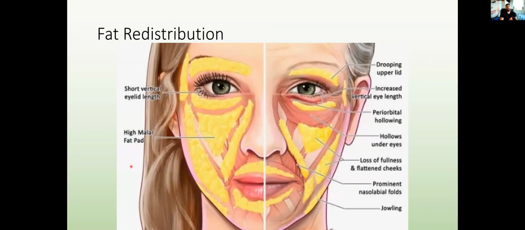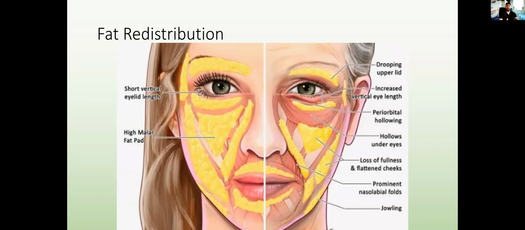Looking at fat distribution on this slide, on the left-hand side we can see a very youthful face, and here we can see a more aged appearance. Now, these fat pads have two main levels. You're going to have a superficial level, which is up above this mass, and then you're going to have your deep compartment too. The superficial fat pads are very mobile, so they're dynamic.